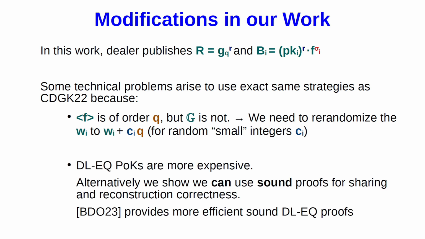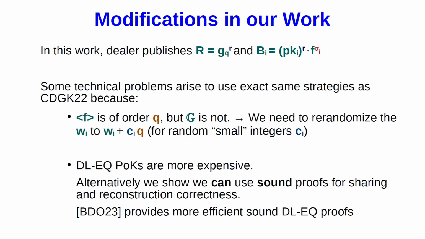The other thing that is a bit problematic here is the discrete log equality proofs, because proofs of knowledge of discrete log are quite expensive in class groups. But what we show in this work is that we can actually replace almost all the proofs by sound proofs.